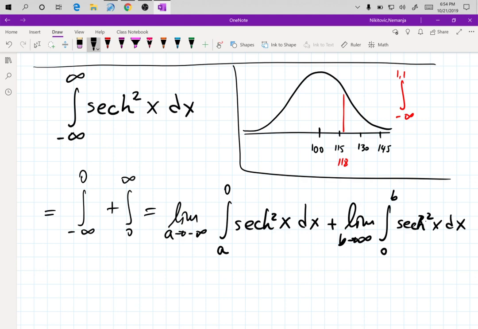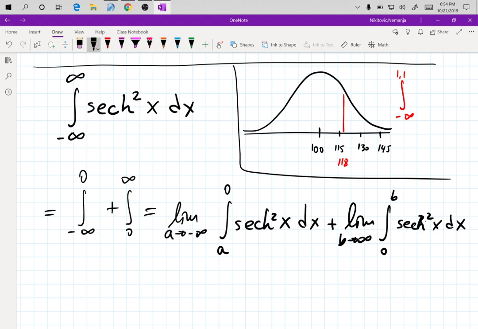So now we have, what's the integral of secant hyperbolic squared? Very good. So it's just tangent hyperbolic x from a to 0 plus, the cool thing is if you break this apart, the other one is the same. So tangent hyperbolic x from 0 to b.